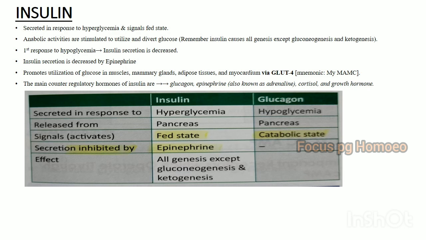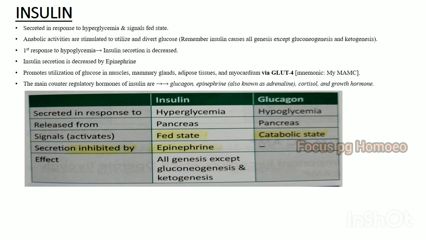Okay, regarding insulin, as earlier told, its response gets activated in hyperglycemia and the well-fed state. It stimulates utilization and diversion of glucose, and it causes the genesis pathways except gluconeogenesis and ketogenesis. The first response to hypoglycemia is that the amount of insulin secretion will be decreased.